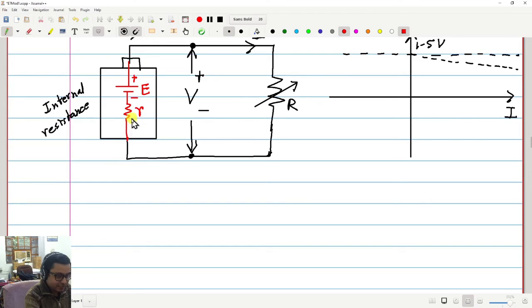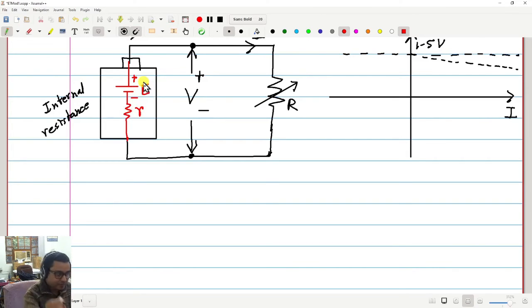Although we are drawing this resistance separately from the source, they are not separate. They are not distinguishable at all, because this resistance is present throughout the cell, everywhere. So although I am drawing them separately, they are not actually separable. But this is how we can model the behavior of this voltage drop, by putting a small resistance in series with this battery voltage.